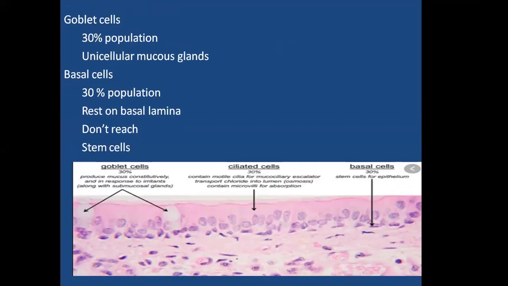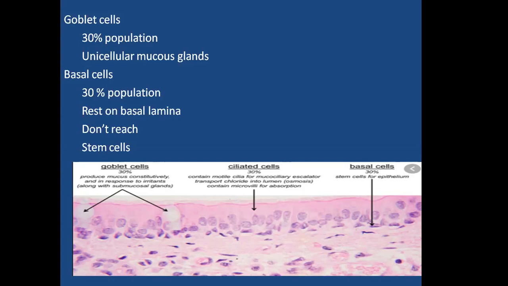Then 30% of cells are the goblet cells, which are unicellular mucus glands. These goblet cells are also present in the small intestine and the large intestine. So you need to remember the goblet cells are unicellular mucus glands, and they are 30% in population.